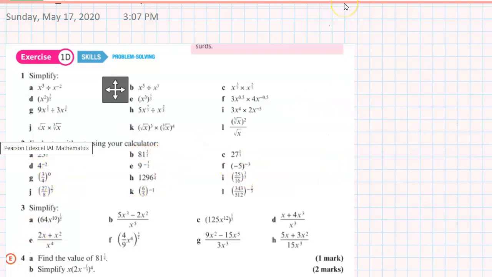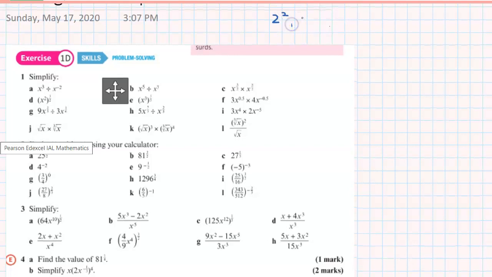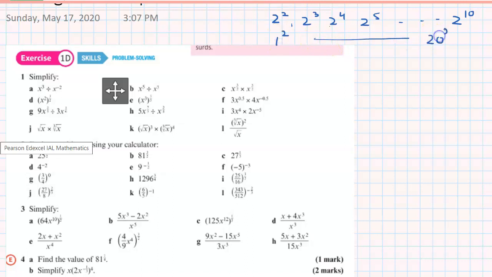So to have mastery over this kind of question, you must know what is 2 square, 2 cube, 2 to the power 4, 2 to the power 5, up to 2 to the power 10. You should also know 1 square up to 20 square, and 1 cube, 2 cube, 3 cube up to 10 cube.